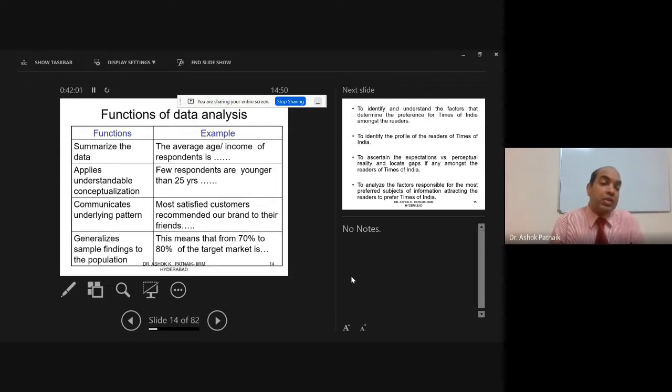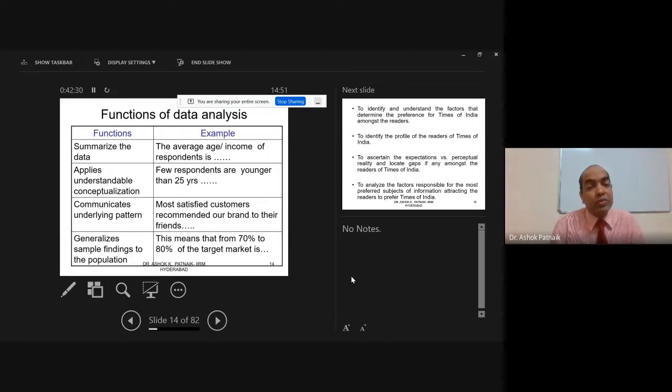Similarly, it applies understandable conceptualization. So you also try to conceptualize. Like the example is, few respondents are younger than 25 years. So if the average age is that, it also tries to tell you that few respondents are younger than 25 years. So it also tries to make you understand a concept or a group which is existing. Similarly, communicate underlying patterns.